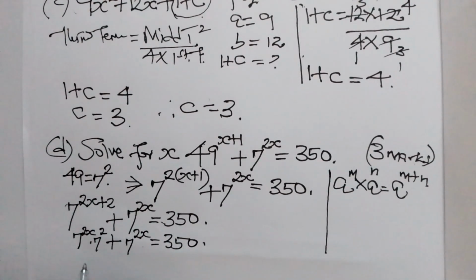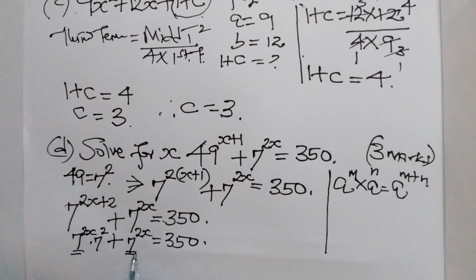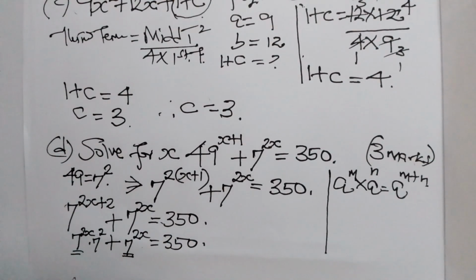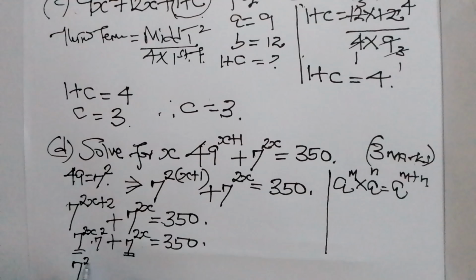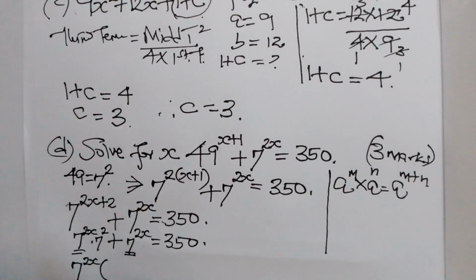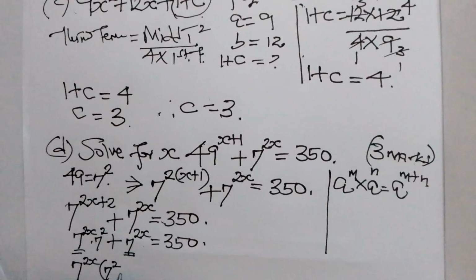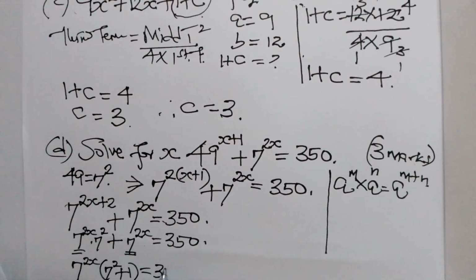And then we can factor out what is common, 7 raised to power 2x, and write it as 7 raised to power 2x into brackets 7 squared plus 1 is equal to 350.